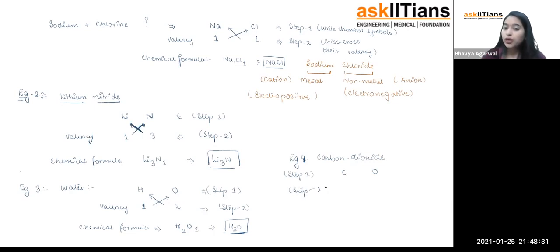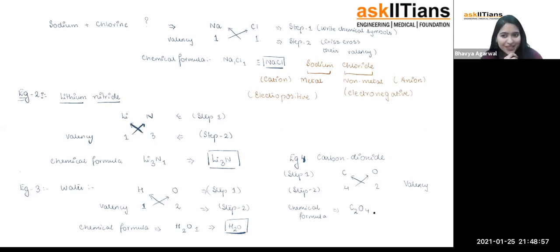Step 2 is to write their valency and crisscross it. So the valency of carbon is 4 and the valency of oxygen is 2. So I'll talk about the chemical formula this time. See the glitch? The chemical formula you get is C2O4. What is this? This is not the formula which we know.